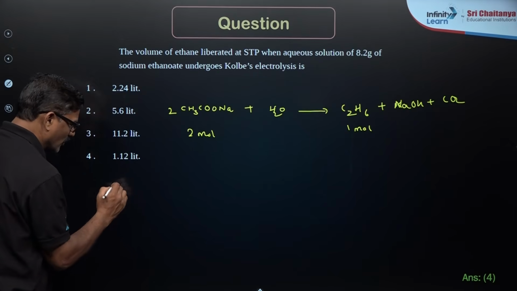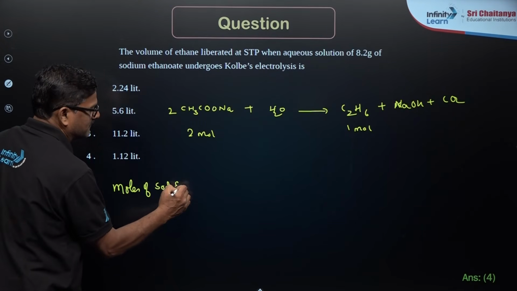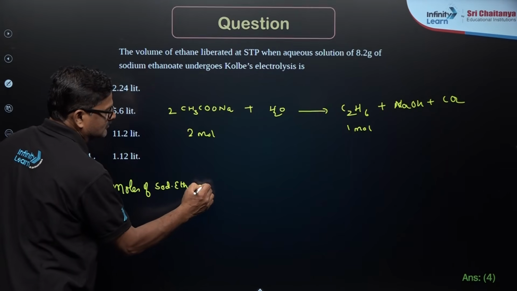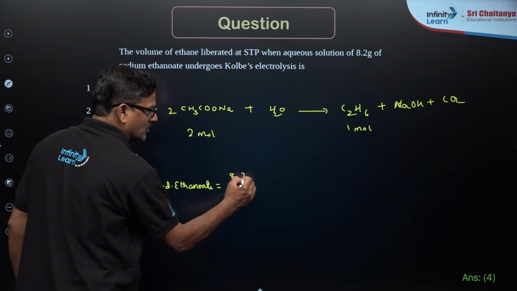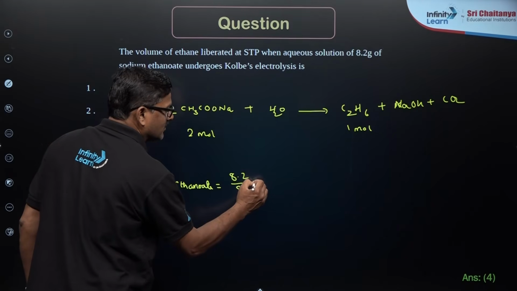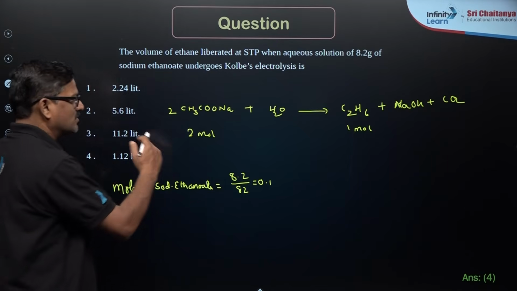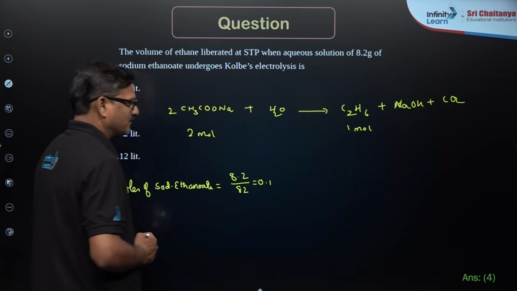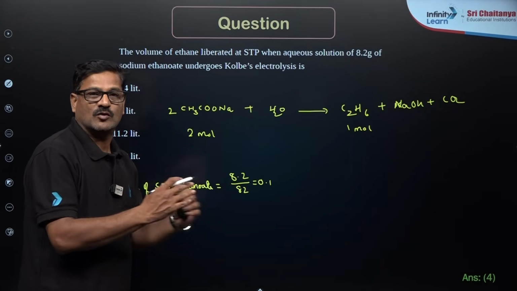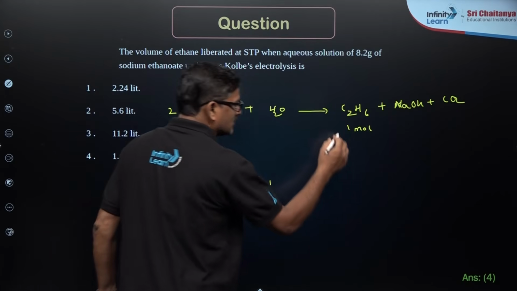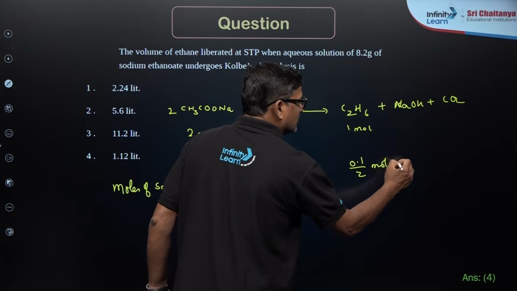So number of moles of sodium ethanoate is going to be 8.2 grams upon molecular weight 82, which is 0.1. So 2 moles of this can give 1 mole of this. So you are going to see 0.1 by 2 mole of ethane is formed.